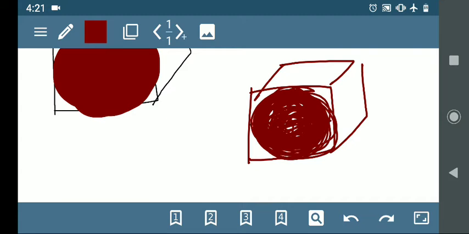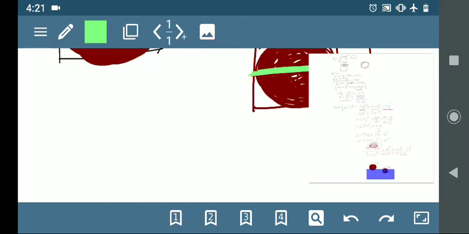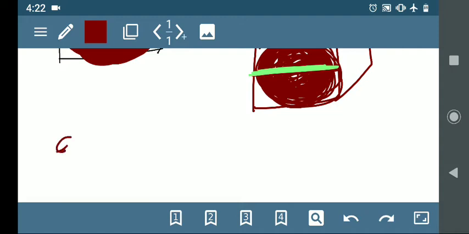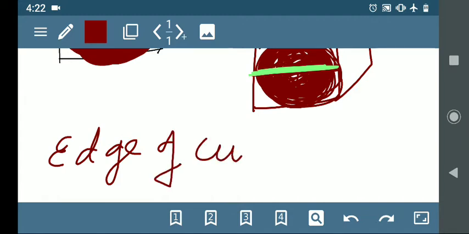The width of the hemisphere is equal to the width of the cuboid, means the edge of the cube is equal to the diameter of the hemisphere.